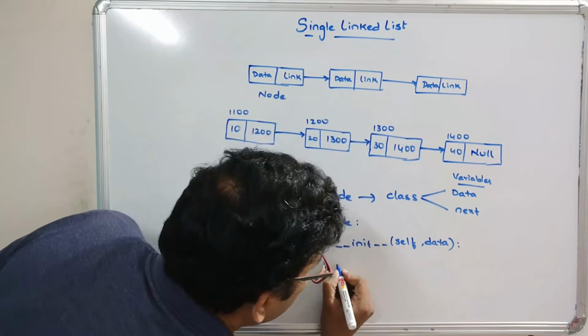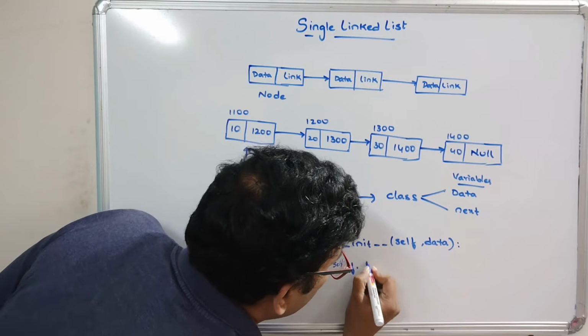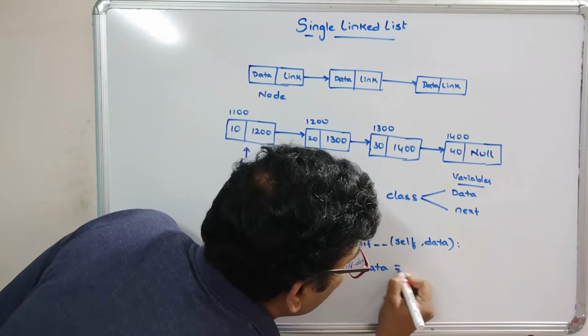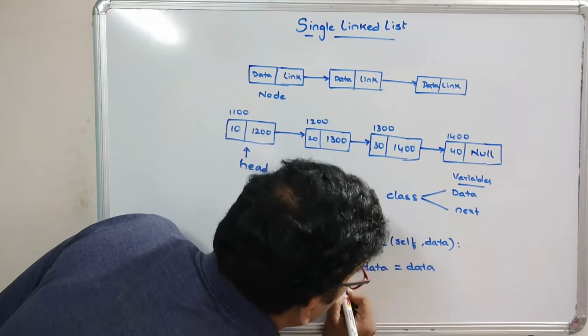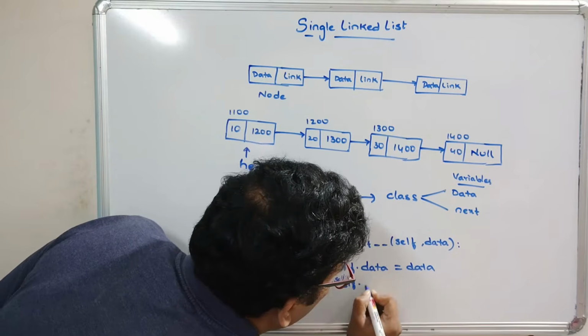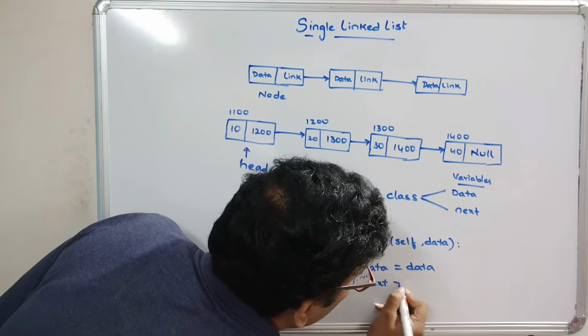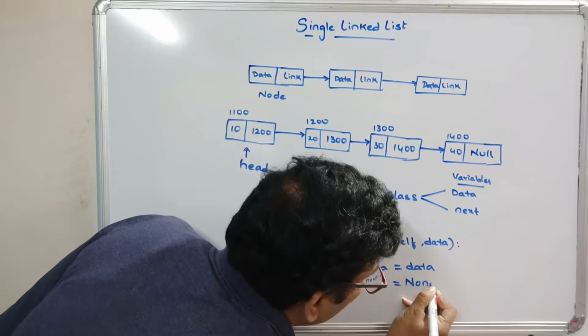Then self.data will be the data, and similarly the second one, self.next, will be None.